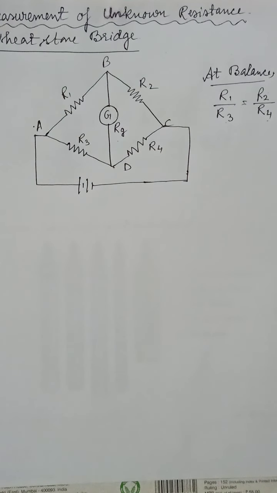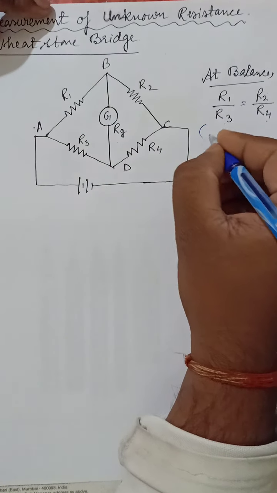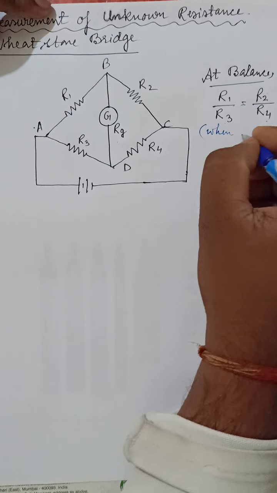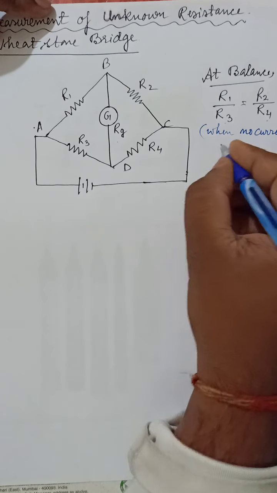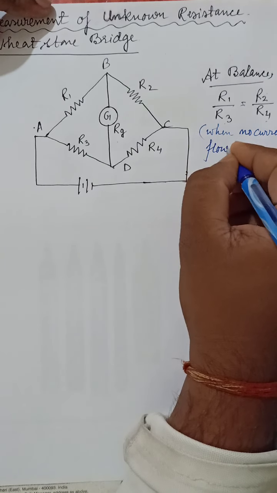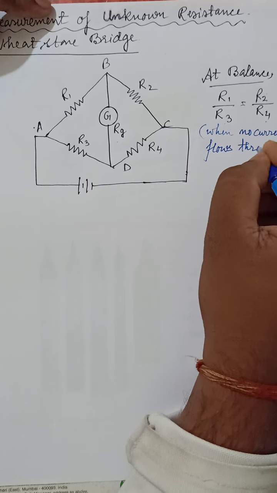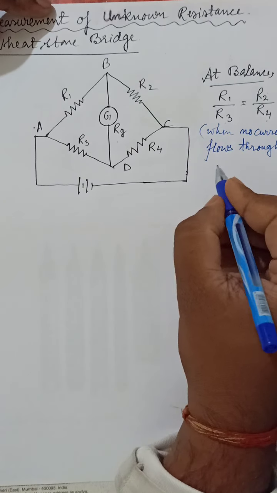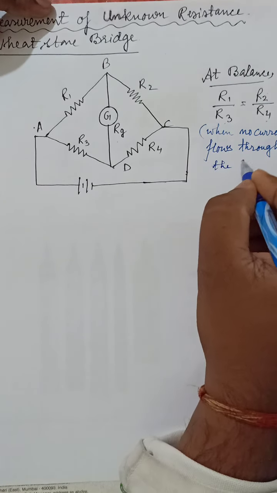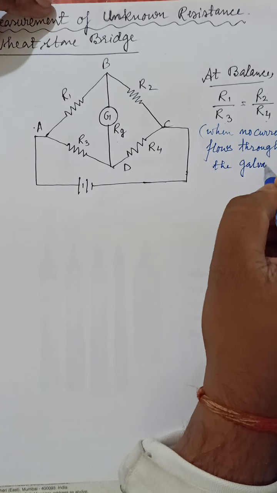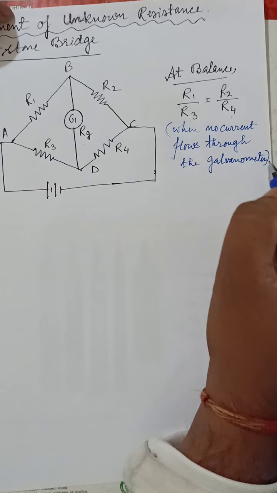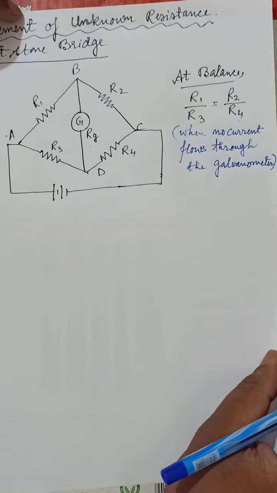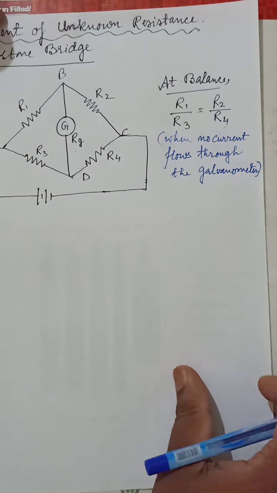I can write this for you also, that it means when no current flows through the galvanometer. This is the balance condition of Wheatstone bridge.